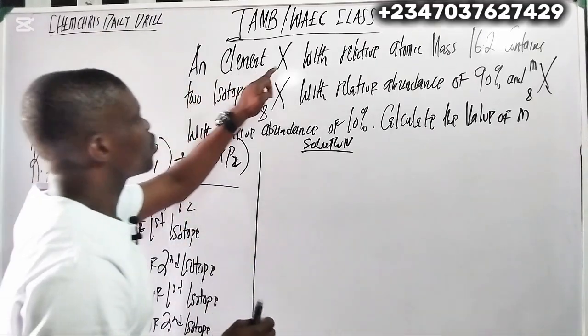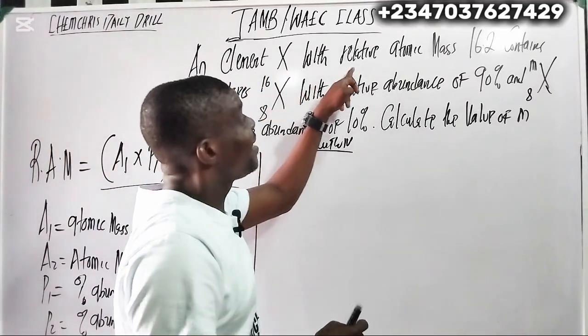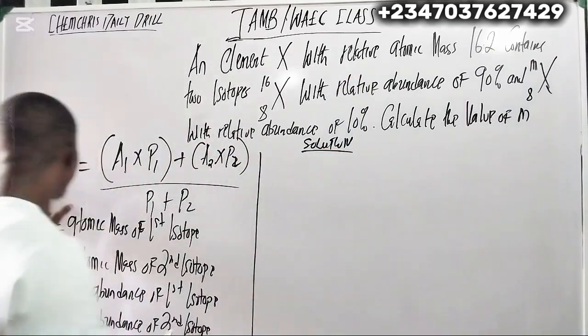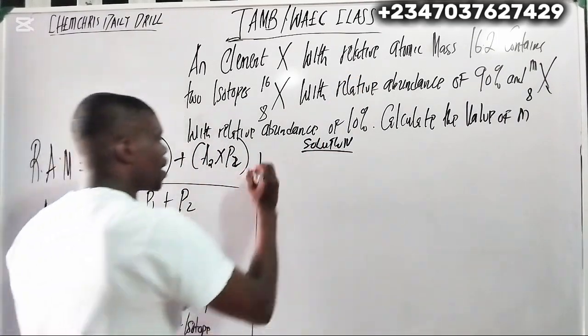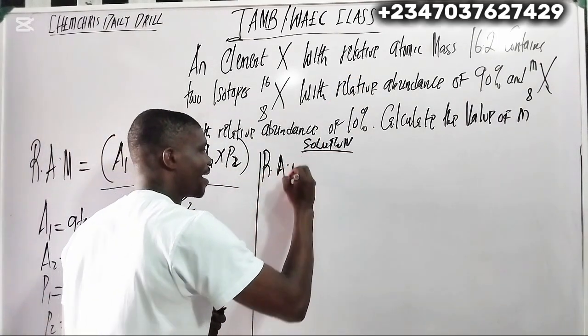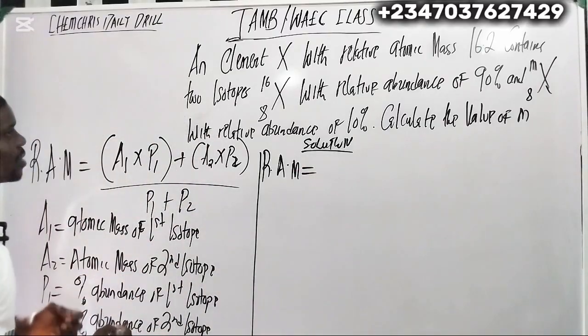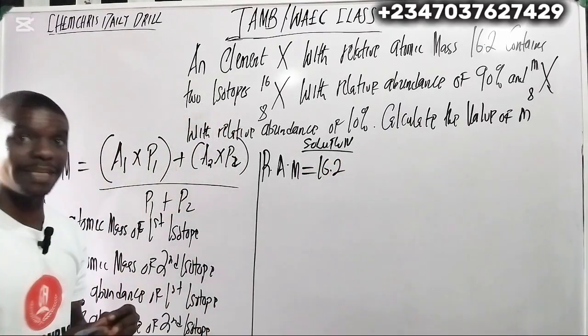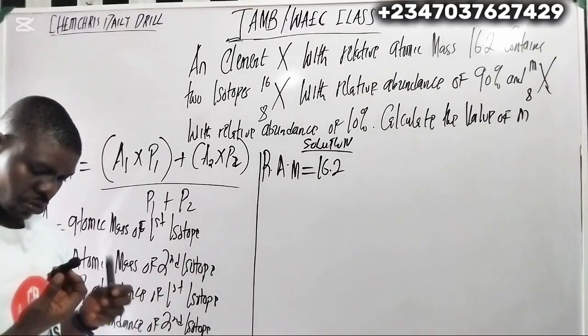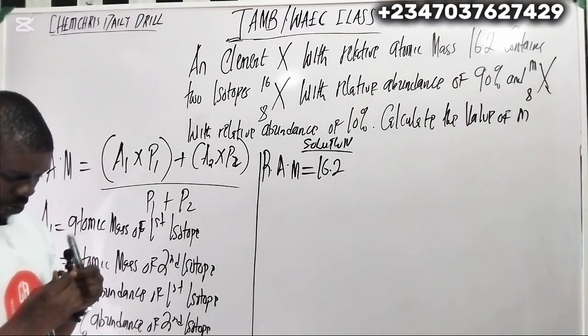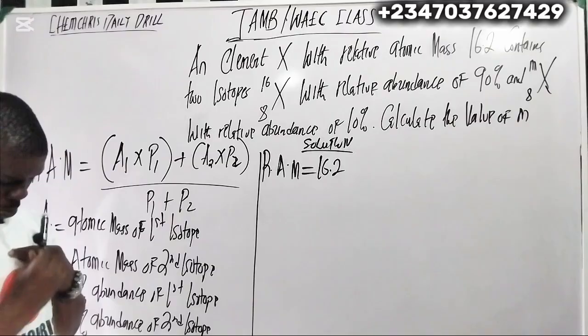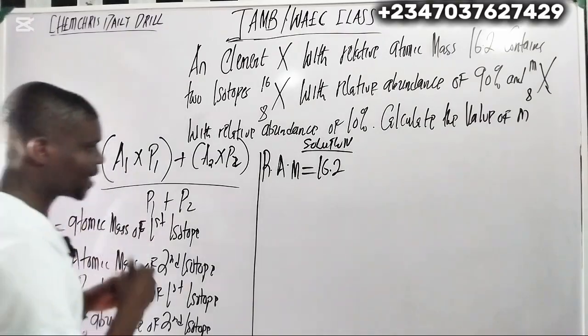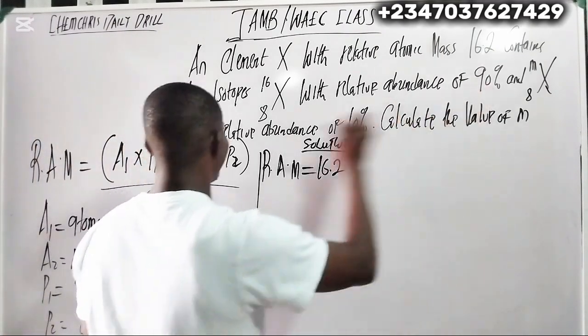This is an element X with relative atomic mass, that is RAM, equal to 60.2. It contains two isotopes.